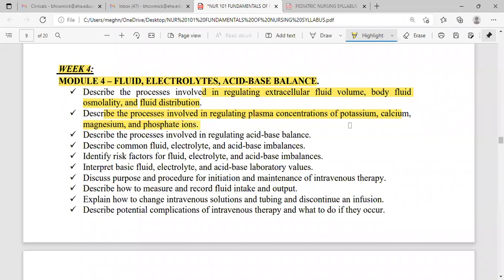Hyperkalemia, hypokalemia, hypernatremia, hyponatremia, hypercalcemia, hypocalcemia, everything we will discuss. It is included in week 4. Describe the processes involved in the regulation of acid-base: alkalosis, acidosis, metabolic and respiratory, all included. Describe the common fluid, electrolyte, and acid-base imbalances. Identify the risk factors for fluid, electrolyte, and acid-base imbalance.